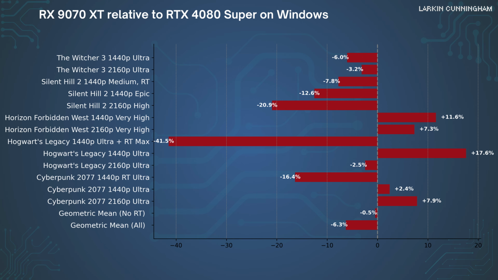Now, if we compare the 9070 XT to the RTX 4080 Super on Windows, we actually see that when you exclude RT, there's virtual parity, barely a difference between them. And even when you include RT, there's only a relatively small or modest minus 6.3% difference there.